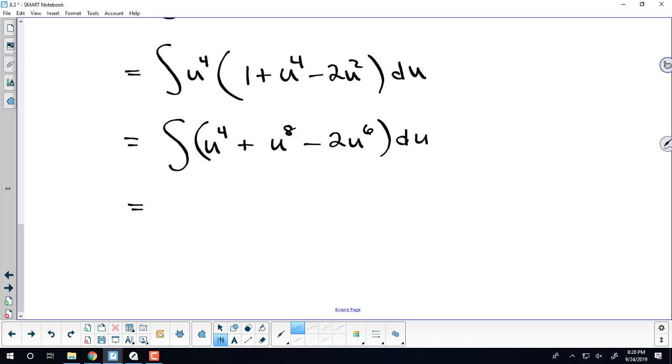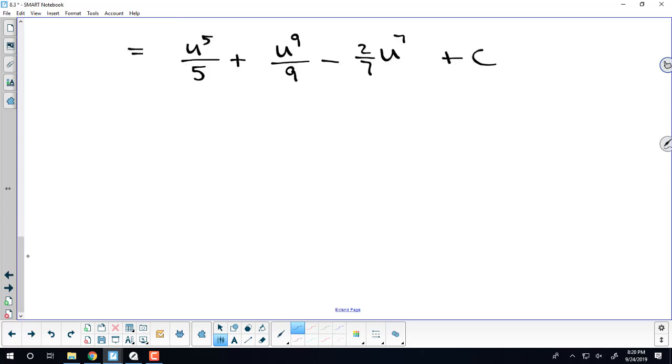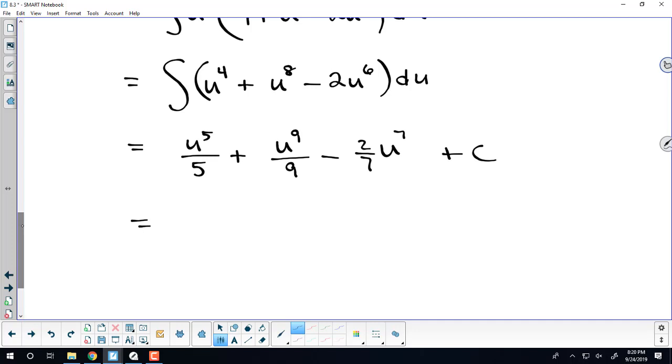Okay. Antiderivative of each term. And then resubstitute sine.